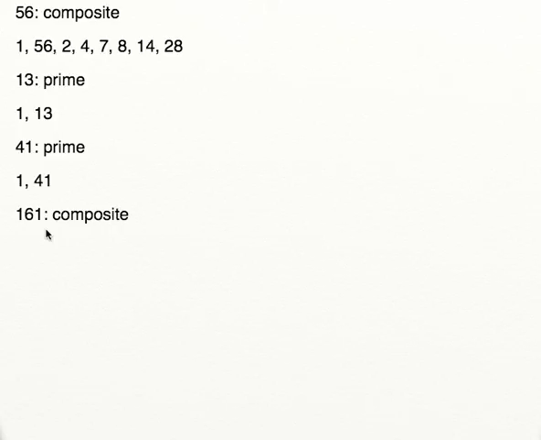All right, 161 cannot be divided by any of those numbers, but it can be divided by 7. So the factors of 161 are 1, 7, 23, and 161. Okay? All right.